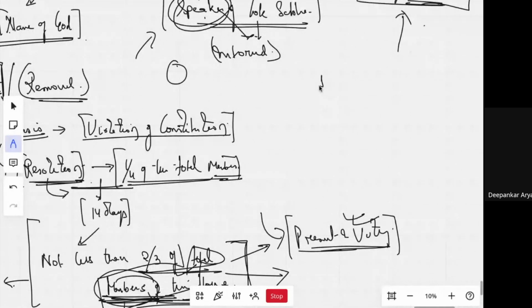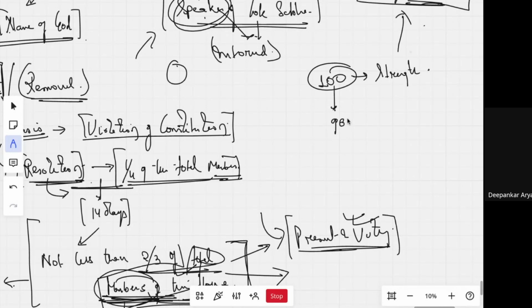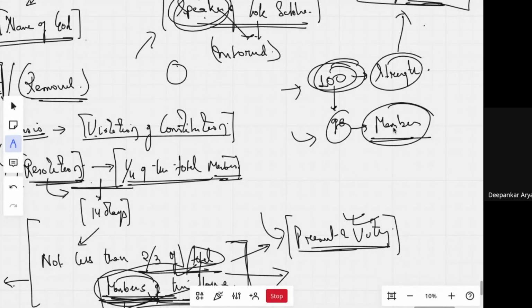There is a position for 100 membership. This is the maximum strength. There can be only 90 members. Now tell me, are these the same thing? Membership signifies your strength. Members signify the components or units of the membership.